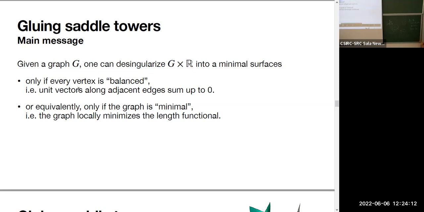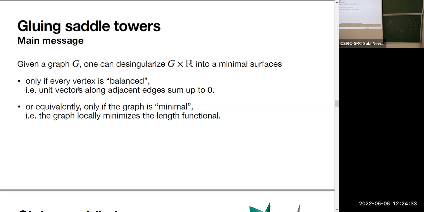The balance condition says that the unit vectors along adjacent edges of each vertex should sum up to 0. Basically, it says that your construction works if you can place a saddle tower there, because that is exactly the balance condition for a single saddle tower.